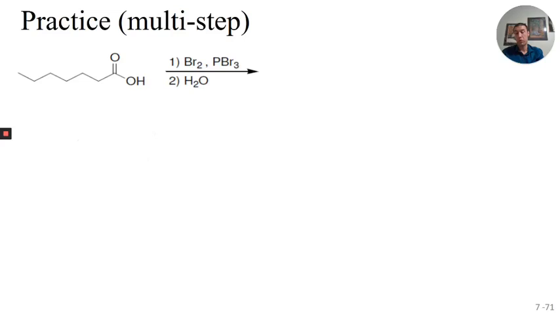Things that jump out were a carboxylic acid. We have an electrophilic Br2. We got that water again, which is potentially nucleophilic or basic, and potentially acidic. And then PBr3. This would be a reagent that I would say should go on a memorization list so that you don't have to think about it.